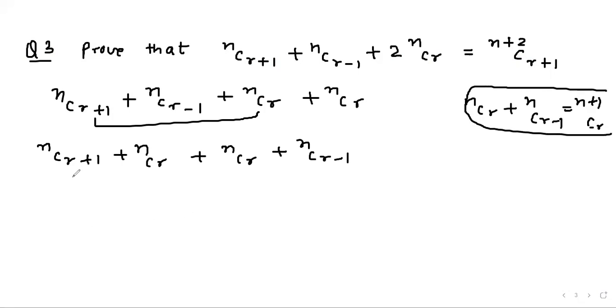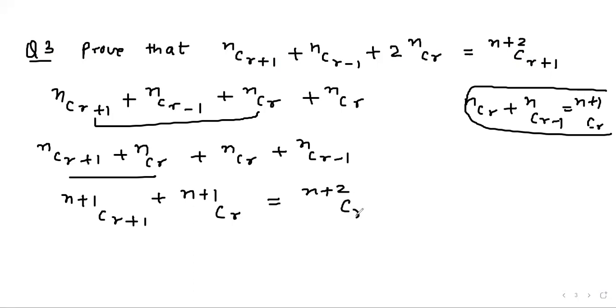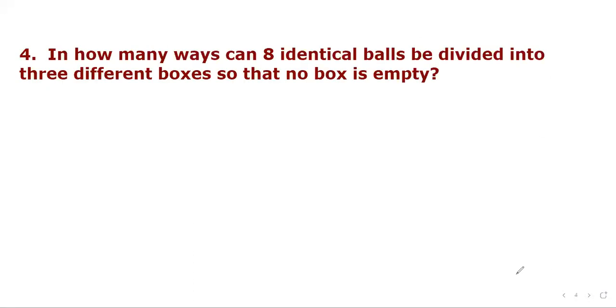Here, this will become N plus 1 CR plus 1. And by the same formula, this will become N plus 1 CR. And again, applying the formula, this will become N plus 2 CR plus 1, which is our result. Now, consider the next question.